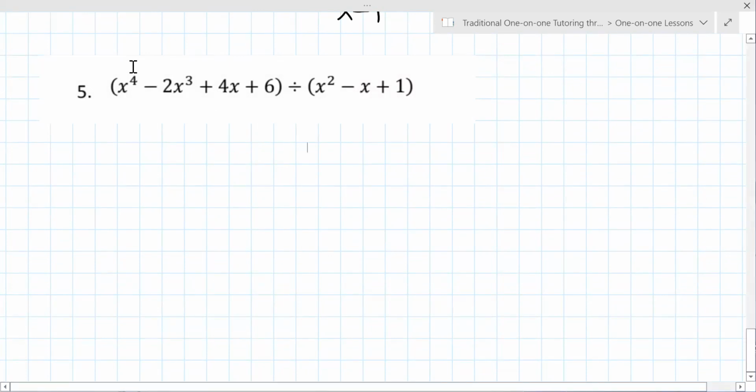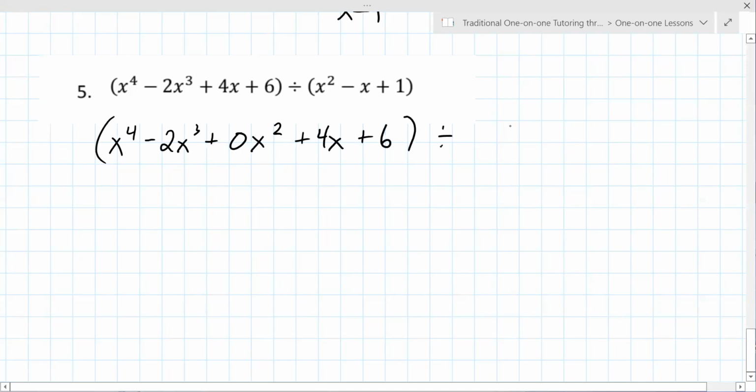Do you see how it skips the x squared? And that's probably why it's a test question or quiz question, because you're supposed to know, and you have to do this to be able to do it correctly. You have to include a placeholder for that one that's missing. So you use the 0. So somehow you want to make a mental note to look for that. I think we did some synthetic division problems where it was the same issue. So please be on the lookout for that.